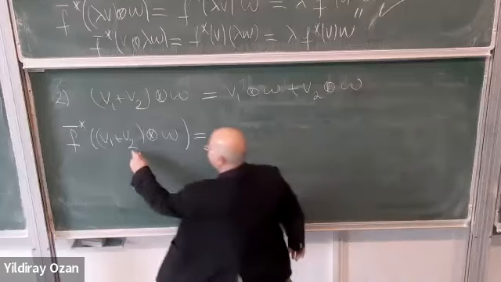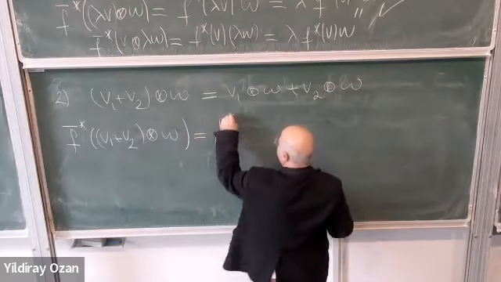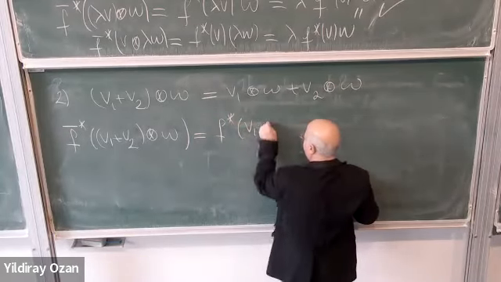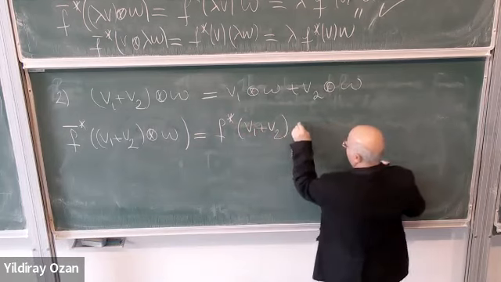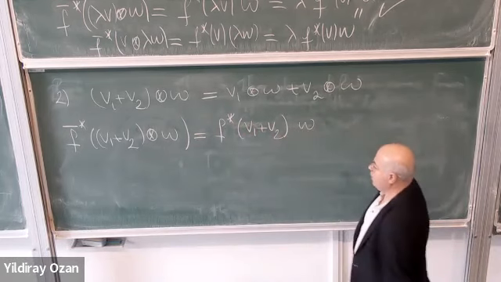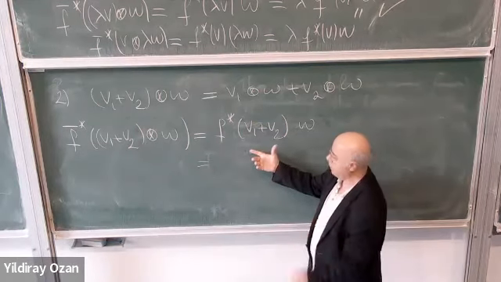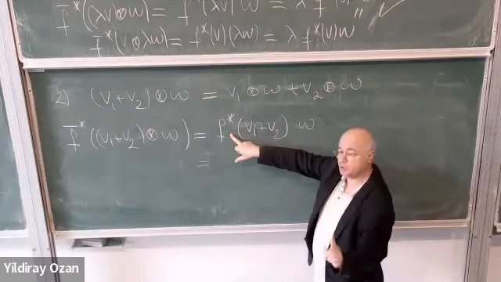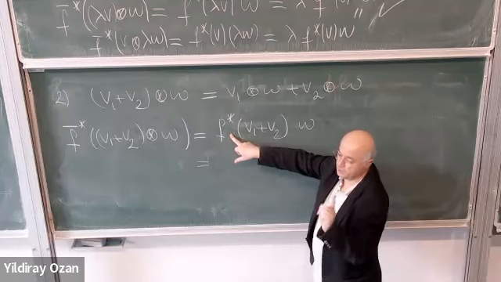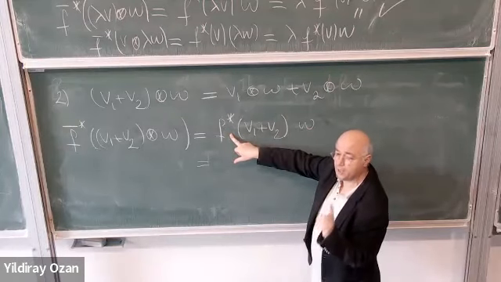All right, so I'll take just F star of this and then W. Well, what is this? Well, by definition, F star is a dual vector. In particular, it's a linear map.